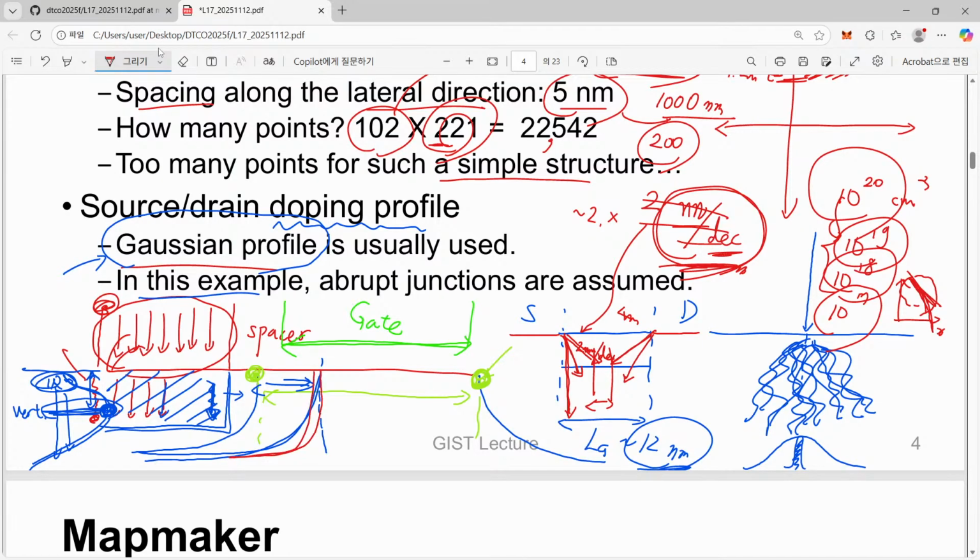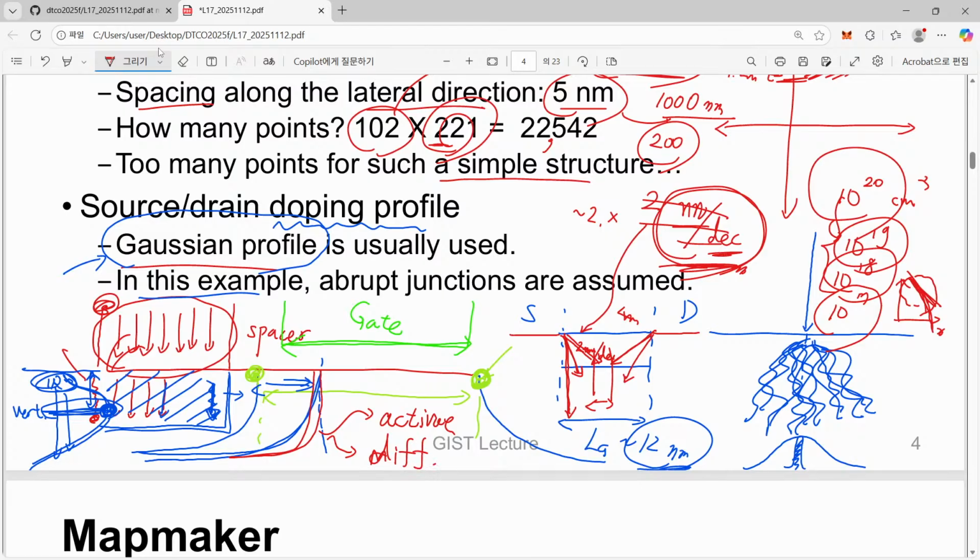After that, when you activate this source and drain, you have to minimize the diffusion of your dopant atoms. So there are 2 different goals. You want to activate them, and also you want to suppress their diffusion. Their diffusion should be minimized.